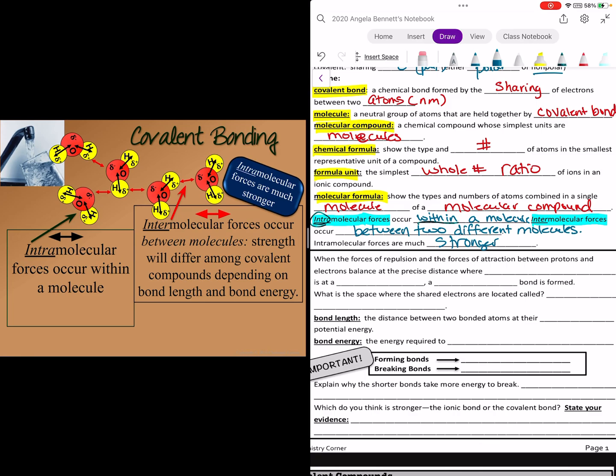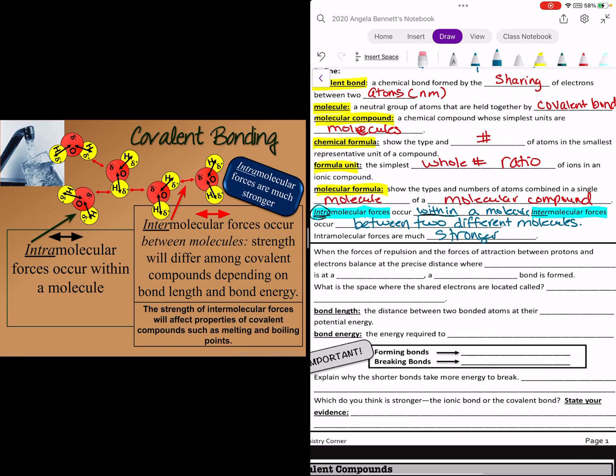Like I said, we have water on the screen, so it's between hydrogen and oxygen, and they're held together really tightly. The strength of intermolecular forces will affect the properties of covalent compounds, such as melting points, boiling points, and so on. We'll talk more about that later.